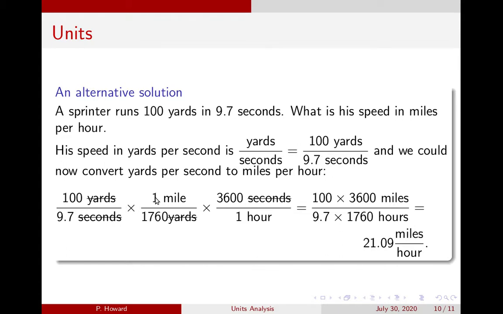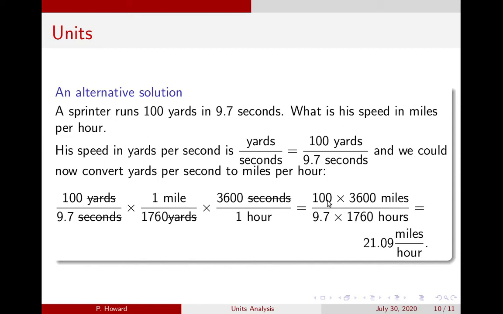If I multiply by miles per yard, the yards will cancel, so that will convert the distance units to miles. If I multiply by 3,600 seconds over 1 hour, the seconds will cancel, and the time units will be converted to hours. So the units remaining are miles per hour.